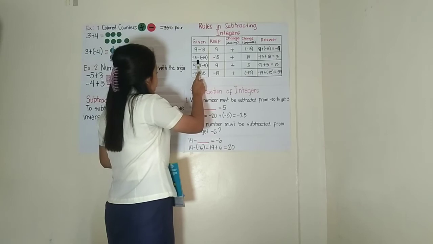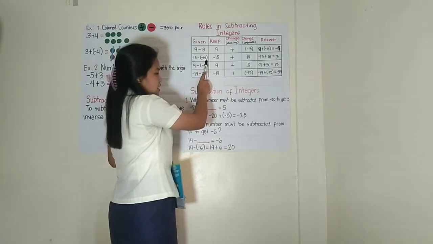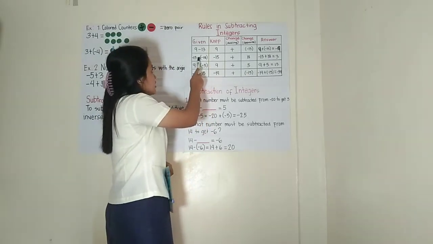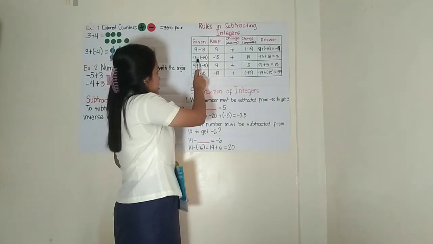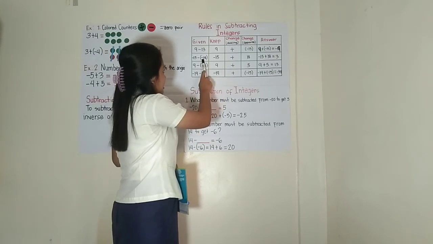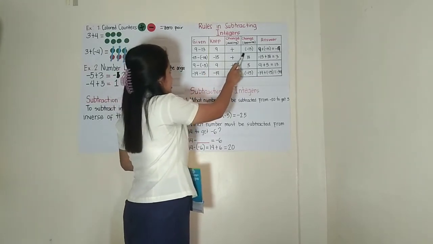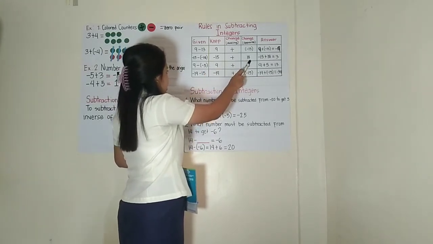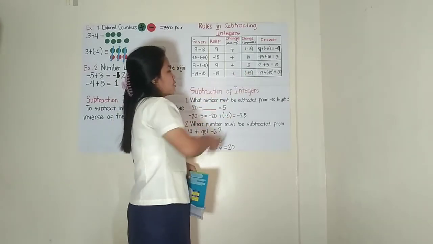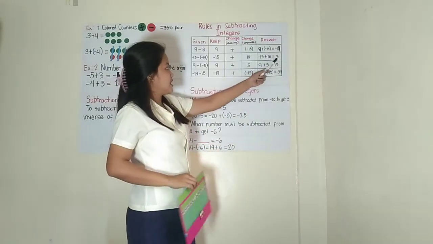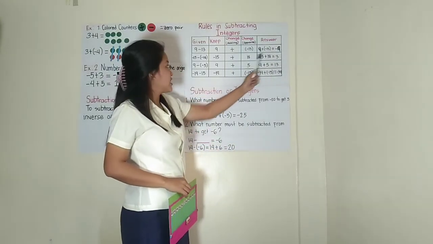Negative 15 minus the quantity of negative 18. Keep the negative 15, minus, change to adding, negative 18, change to positive 18. So the answer is negative 15 plus 18 is equal to 3.